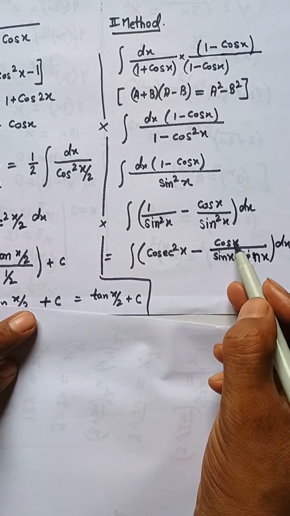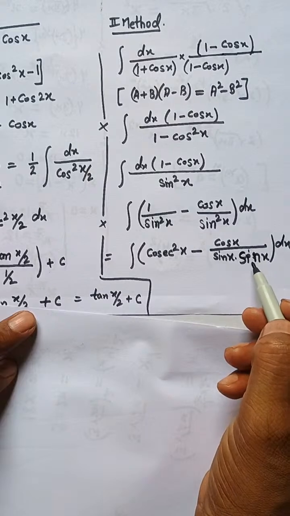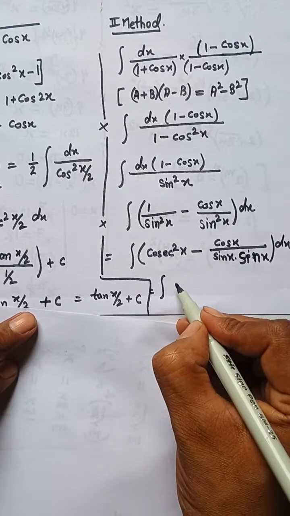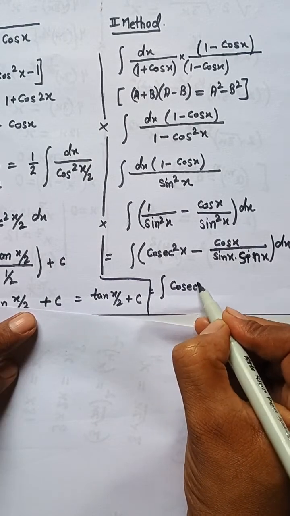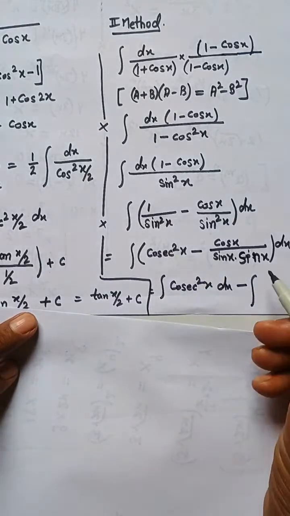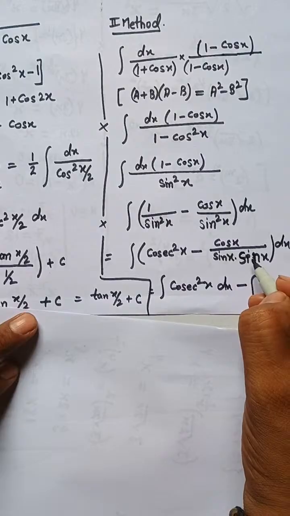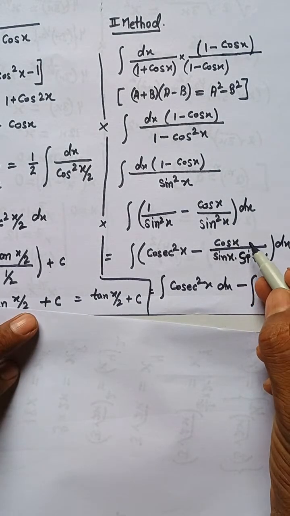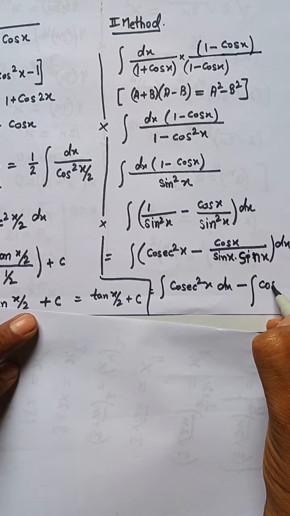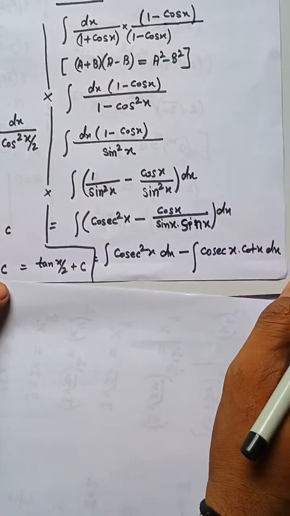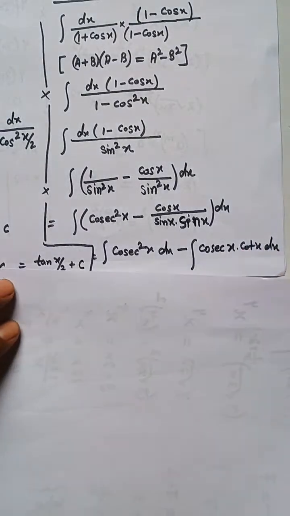Cos x by sin x is cot x and 1 by sin x is cosec x. So I can write integration cosec square x dx minus cosec x into cot x dx.